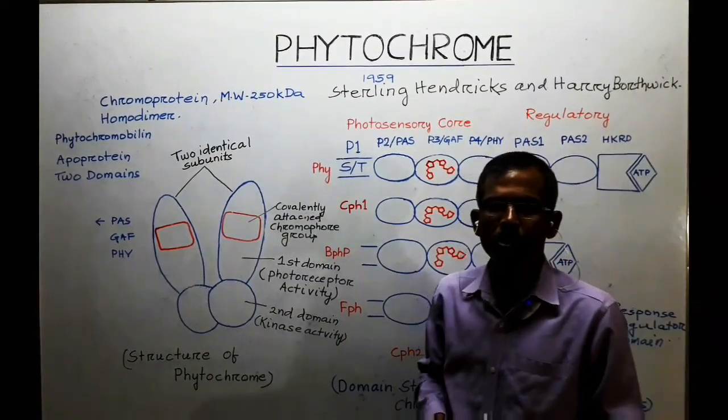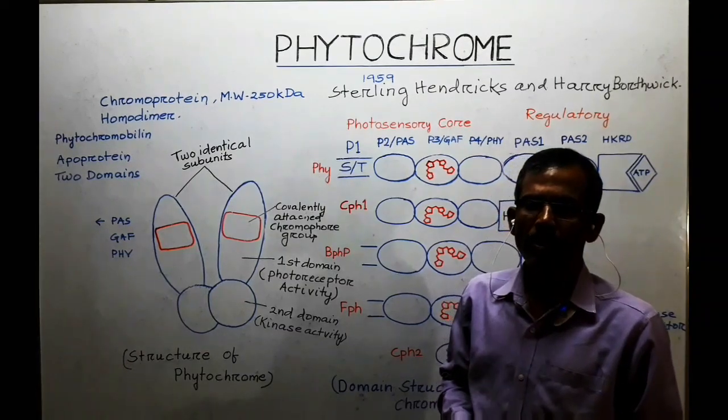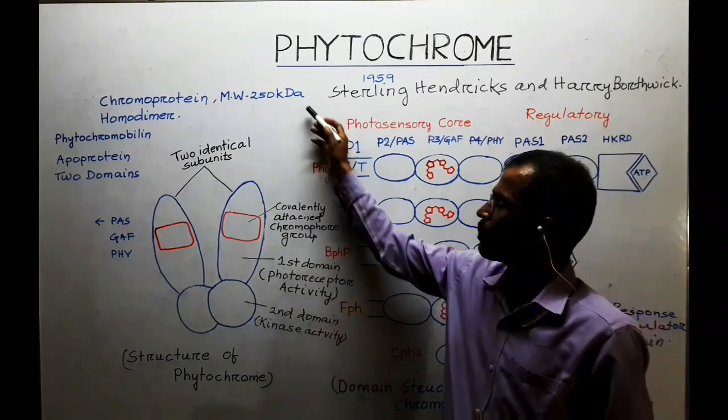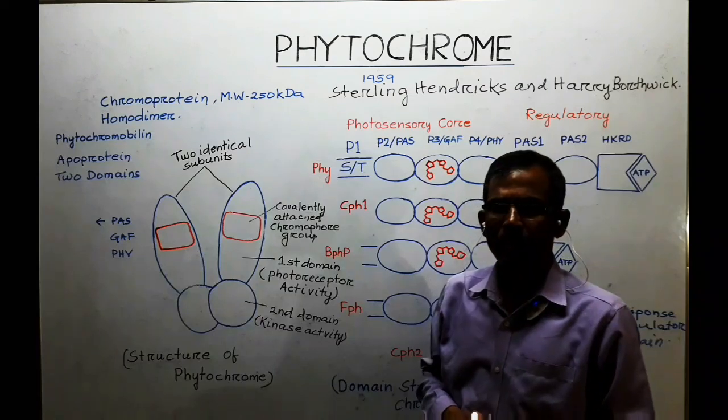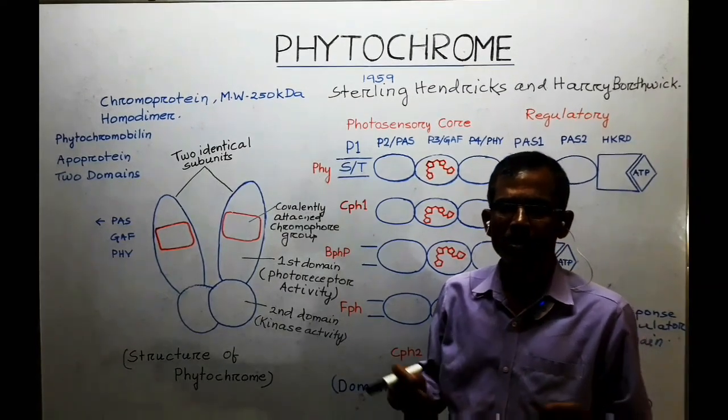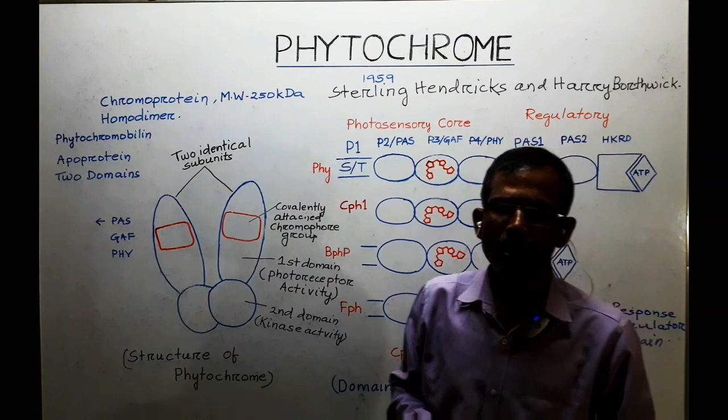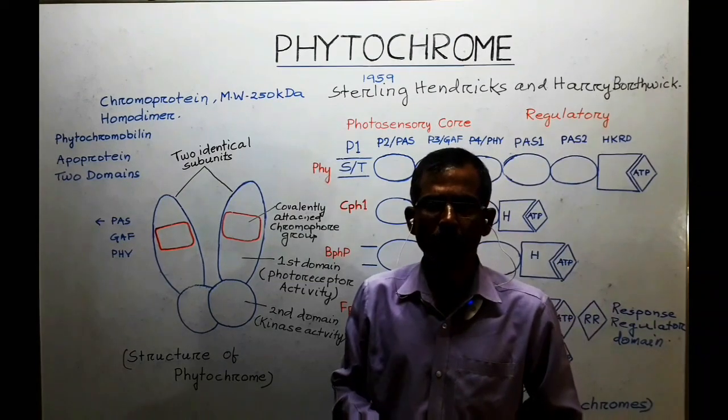Phytochromes are chromoproteins. Their molecular weight is 250 kilodalton. It is a homodimer consisting of a protein part and a non-protein part.